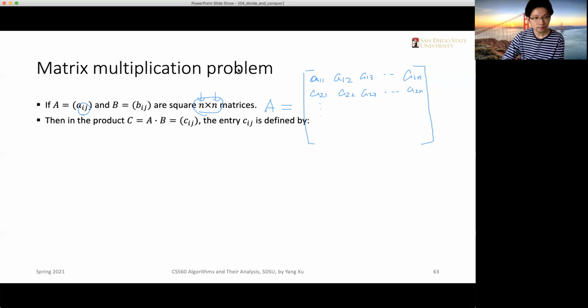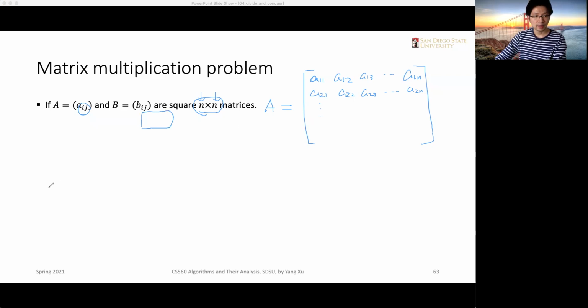Okay, so what we are interested in here is the product between A and B, capital A times capital B. And since A and B are not simple numbers, they are matrices, let's review the process of matrix multiplication a little bit. We basically need to first align the two matrices together, right?